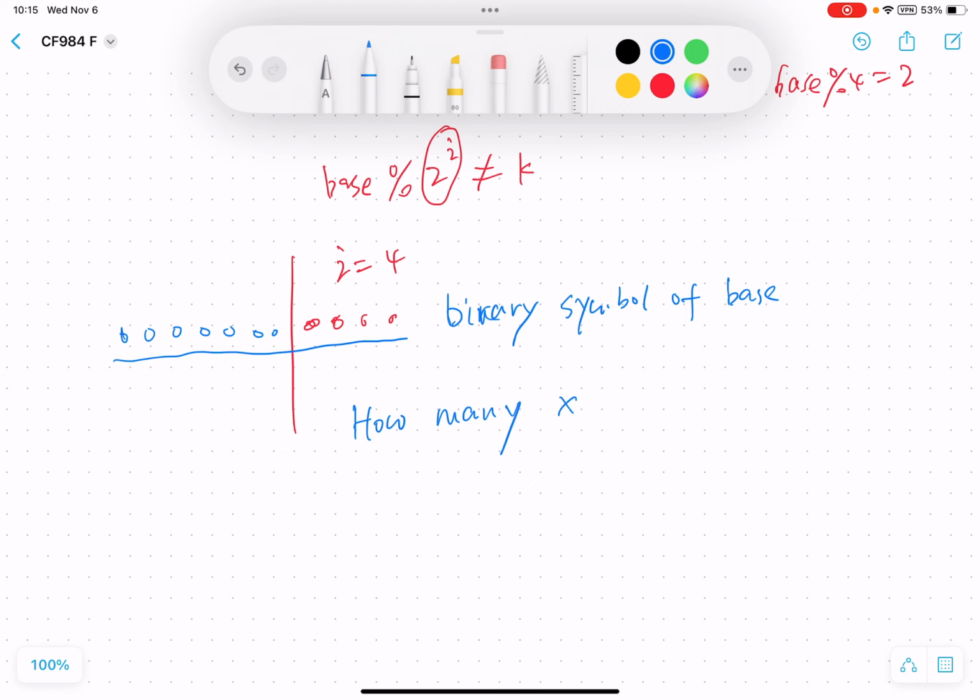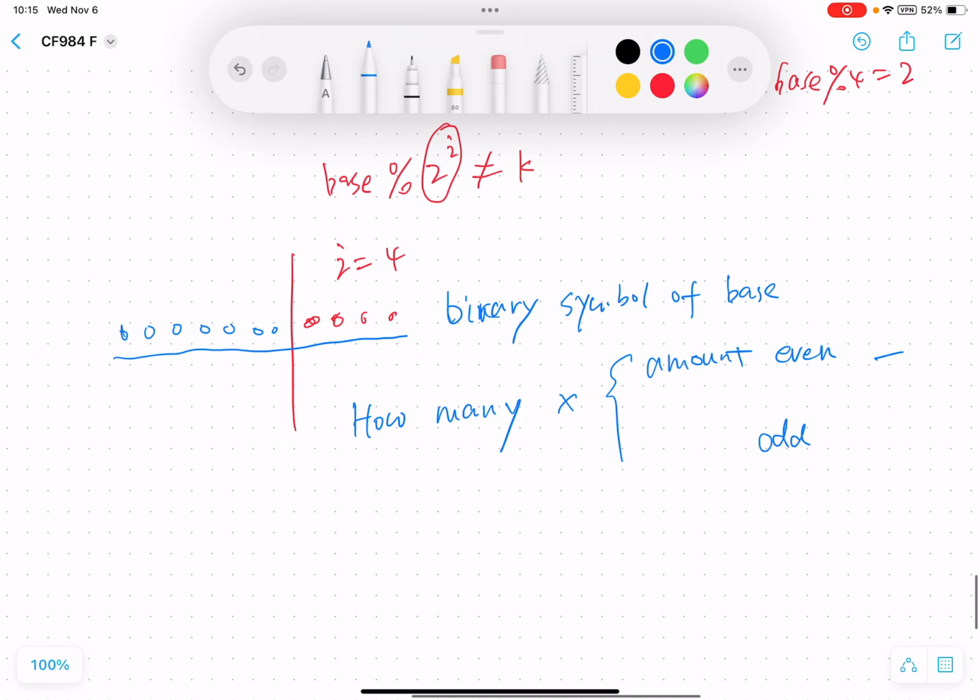If the amount is an even number, we don't need to process anything. But if it is odd, we need to XOR k to the answer. So this is how we process the last I binary bits.